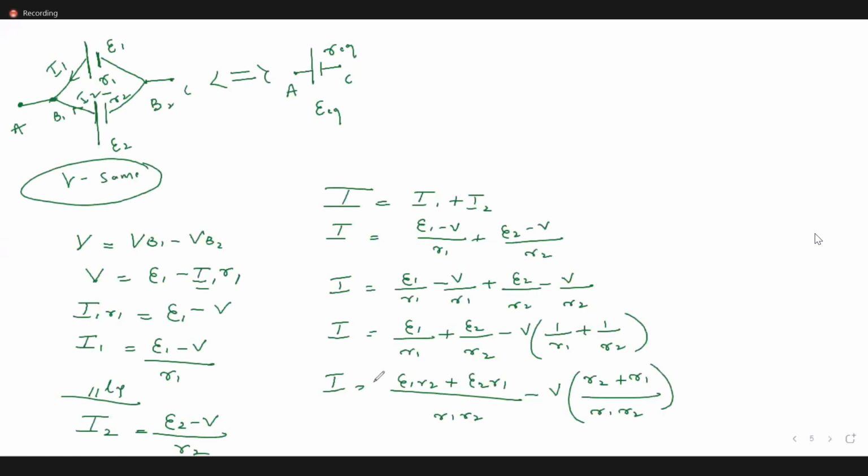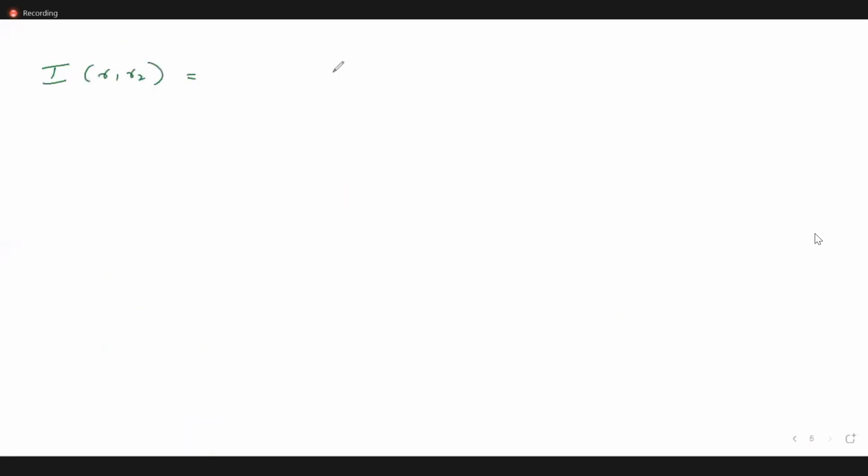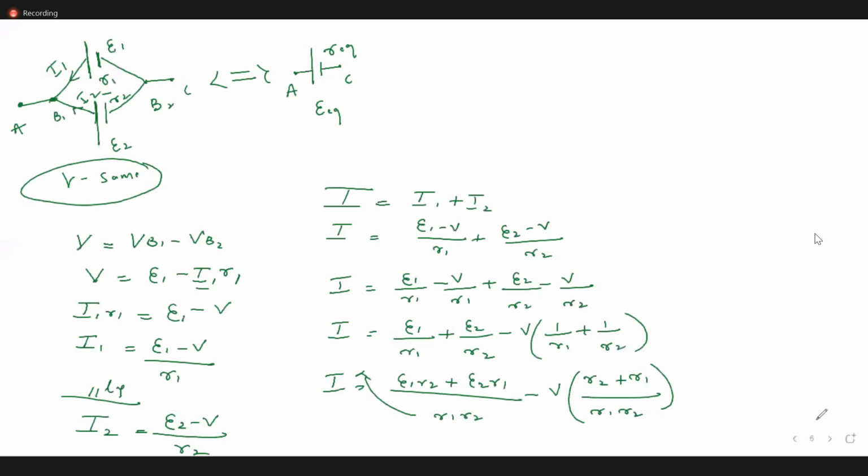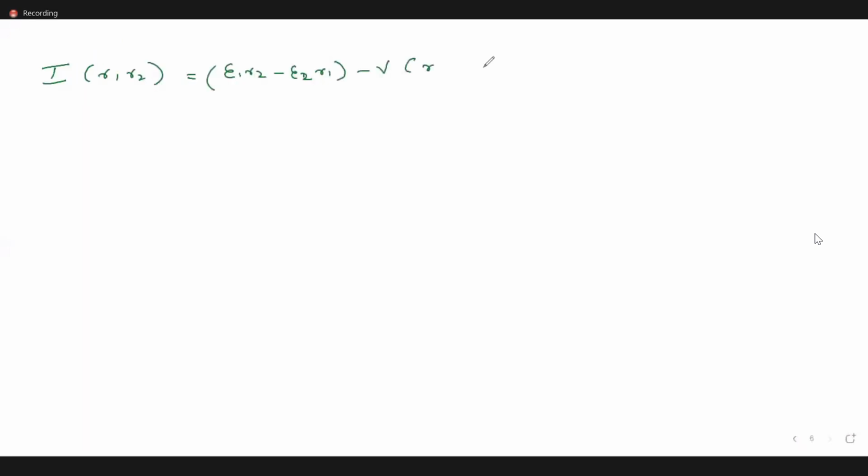So then we write that multiplied by R1 into R2 is equal to E1 R2 plus E2 R1 minus V. So then V into (R2 plus R1) equals E1 R2 plus E2 R1 minus I into R1 into R2.